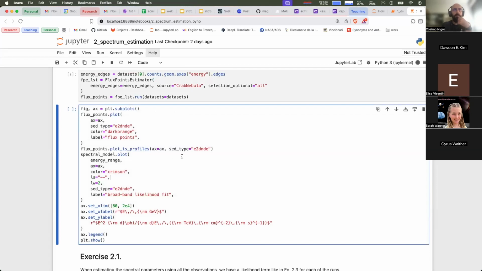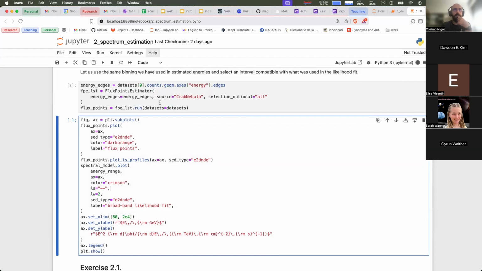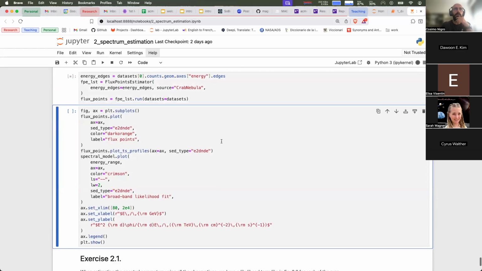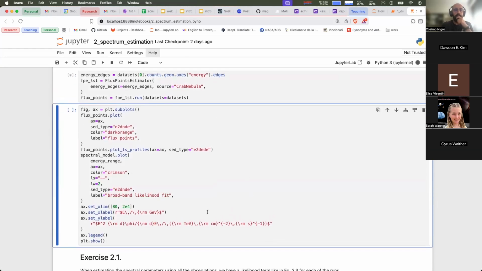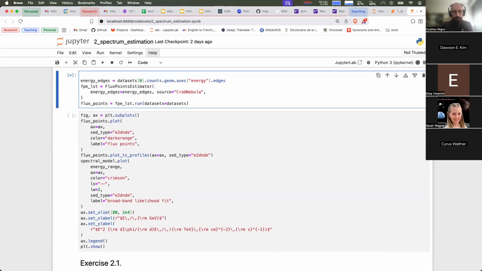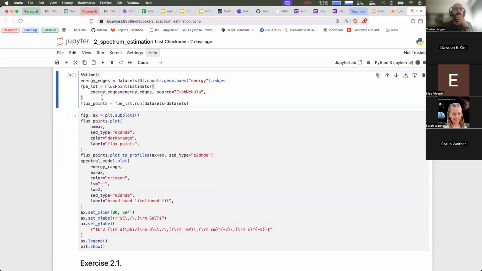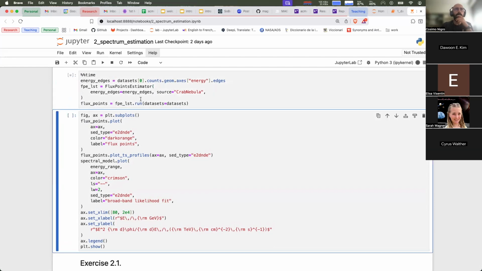Okay, thanks, Fabio. Remove the selection, optional, for faster processing. And actually, we can also do the later exercise of stacking the observation. Okay, and Fabio suggests also to use, you have basically an option to use more than one job to run the flux points estimation.